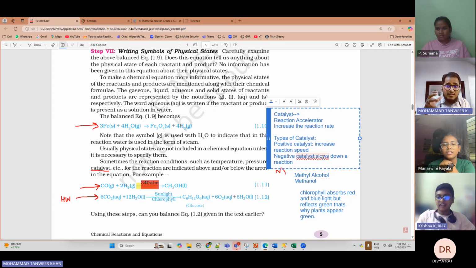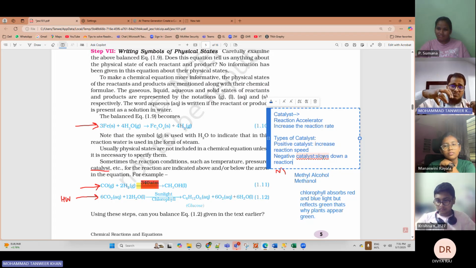Unreactive gases like nitrogen are pumped into them. That is one of the reasons. They also use preservatives in food, and what preservatives do is slow down the rate of reaction. That is why you can use that food after a long time.